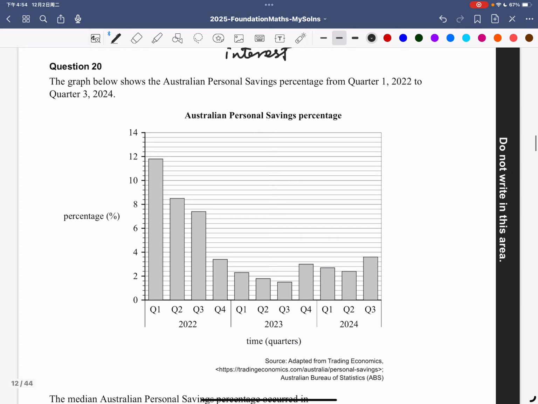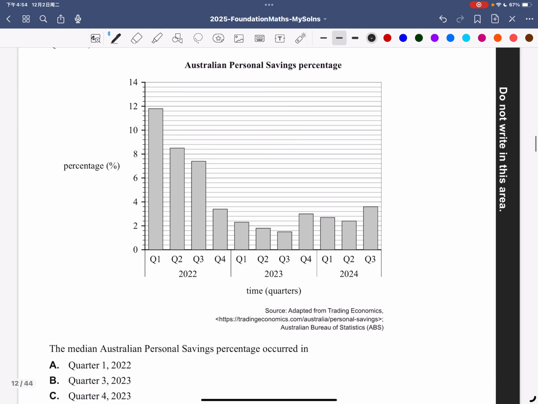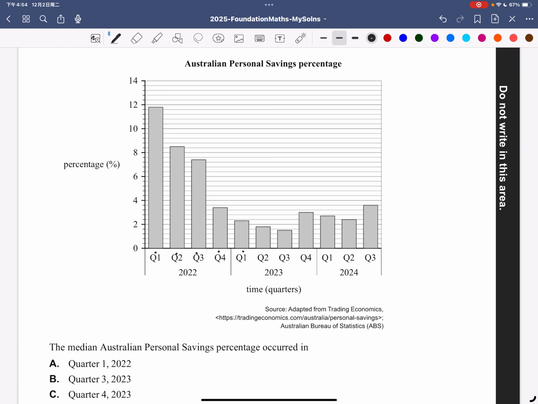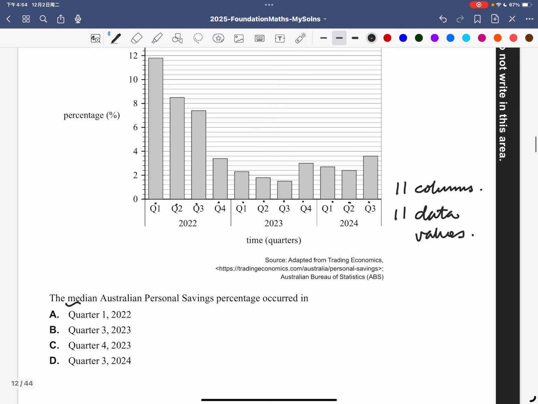Question 20, the graph below shows the Australian personal savings percentage from quarter 1, 2022 to quarter 3, 2024. Notice that you have 1, 2, 3, 4, 5, 6, 7, 8, 9, 10, 11 columns, or actually 11 data values or percentages. We would like to find a median.